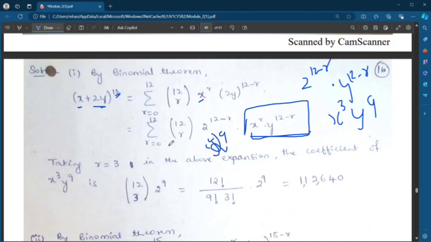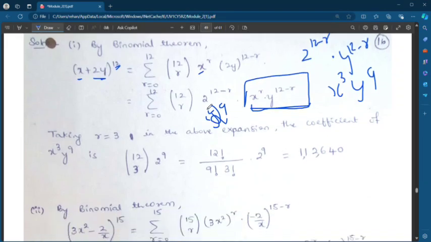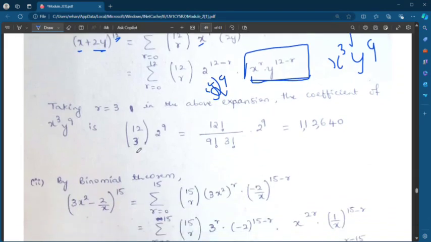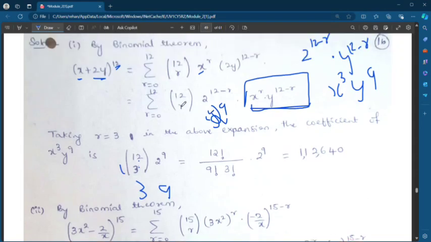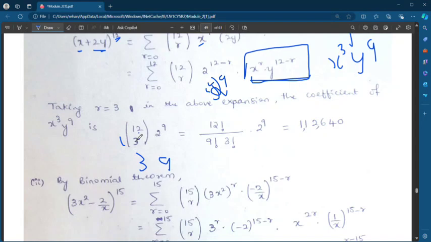So write 12C3 into 2 to the power of 9, which is nothing but 12 factorial divided by 3 factorial 9 factorial, into 2 to the power of 9. Instead of writing this, you can simply take 12, here 3, here 2 to the power of 9.